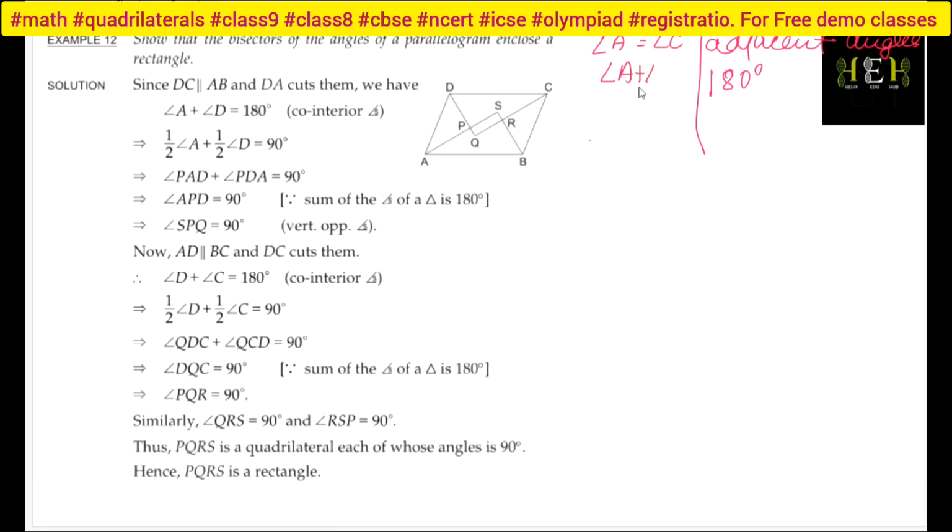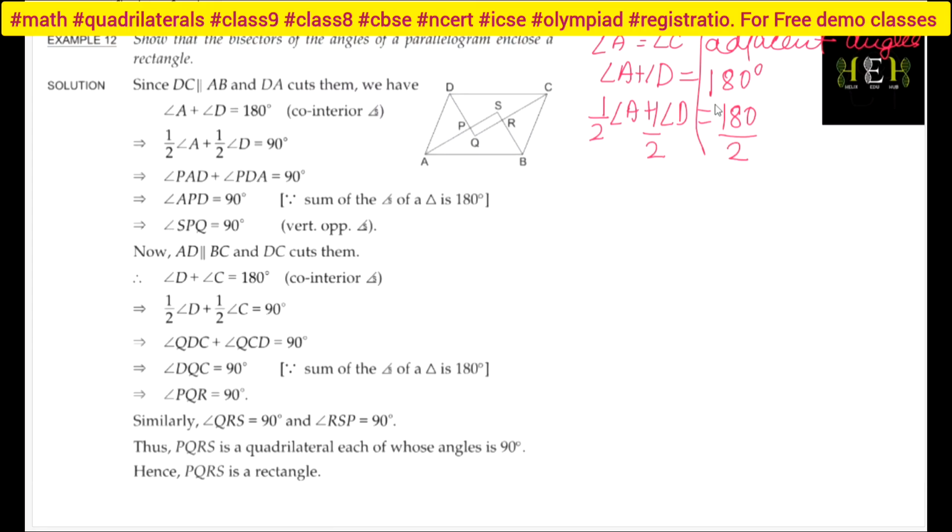In a parallelogram, adjacent angles, or in some books consecutive angles, make 180 degrees. That means angle A plus angle D is equal to 180 degrees. Now I will make it half. Half of angle A plus half of angle D is equal to 90 degrees.